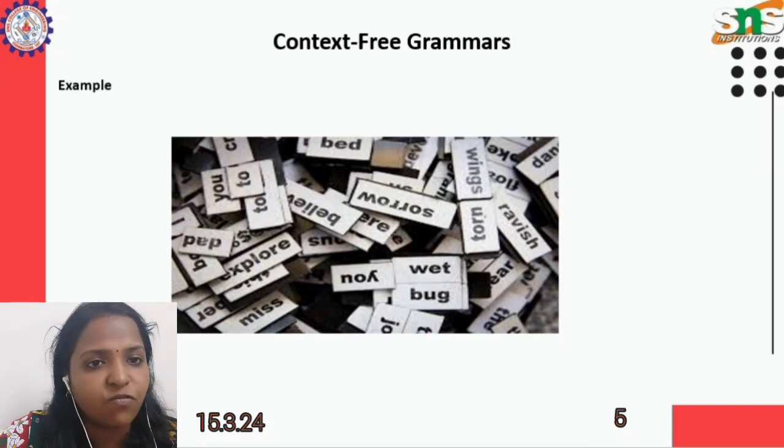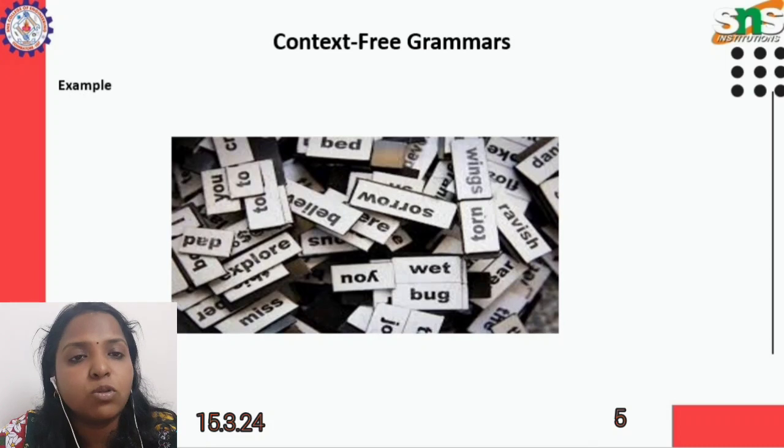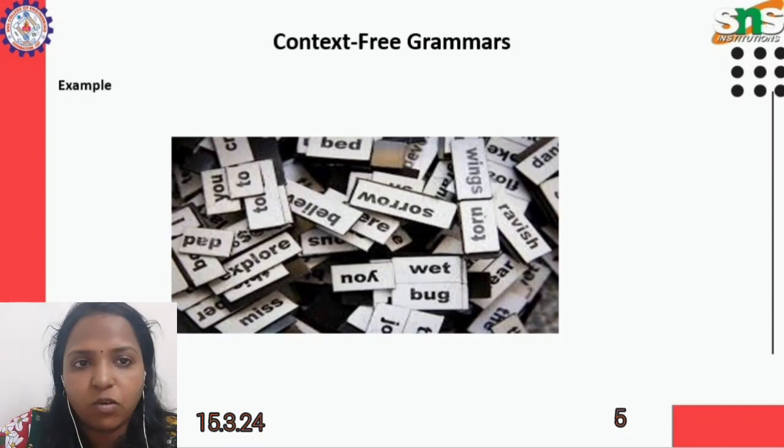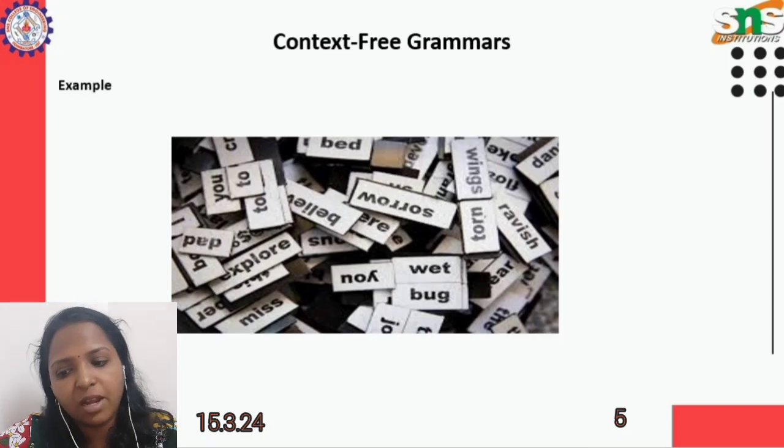Similarly, you have a set of words and some rules, so that only then you put all these words together to form a meaningful sentence. This is the actual purpose of CFG, that is context-free grammar.